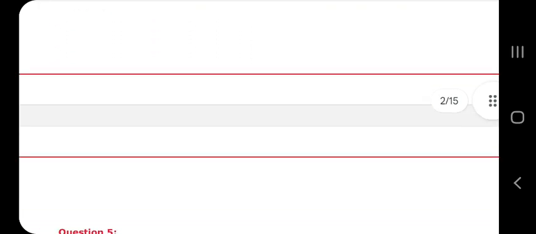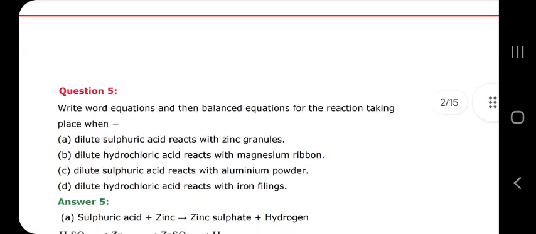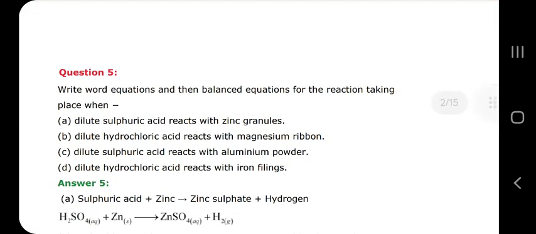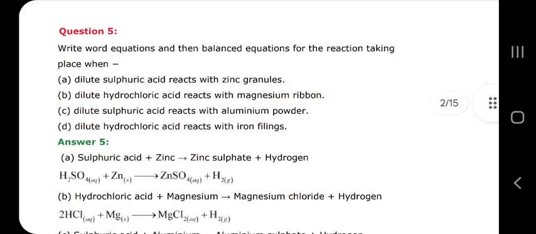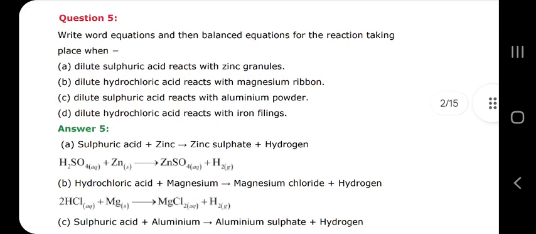Let's see the next question. This is question number 5. Write the word equation and the balanced equation for the reaction taking place when dilute sulfuric acid reacts with zinc granules, dilute hydrochloric acid reacts with magnesium ribbon, dilute sulfuric acid reacts with aluminum powder, dilute hydrochloric acid reacts with iron filings.